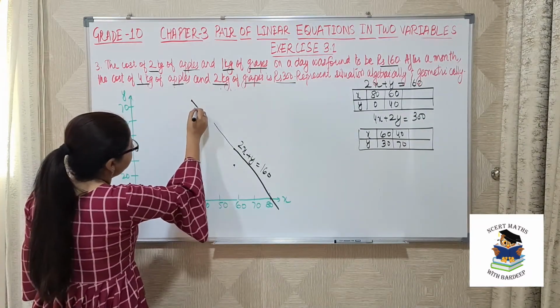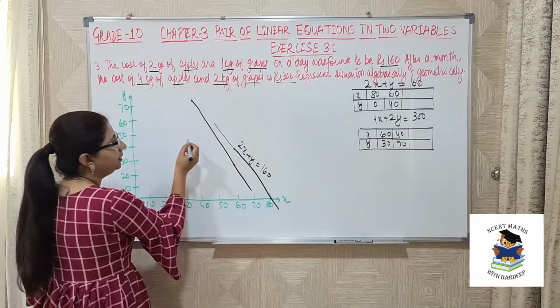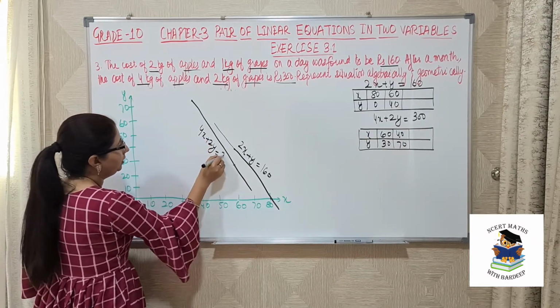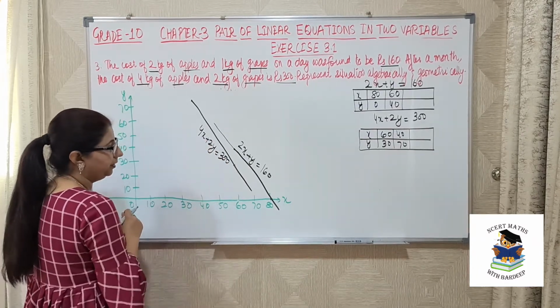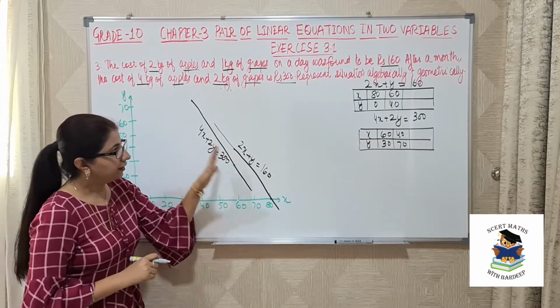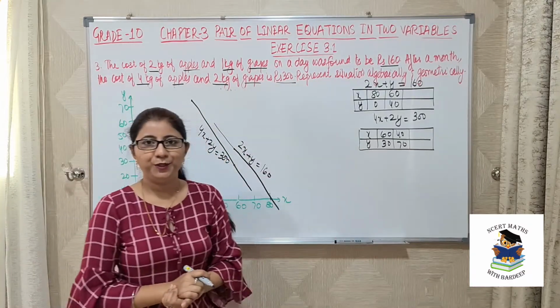So let's join them. Okay, and this is 4x plus 2y equals to 300. Right? So this is how we will plot the graph when we have made the table from the given equations.